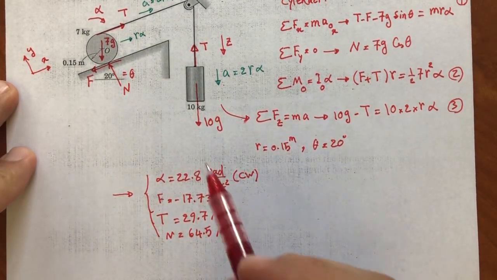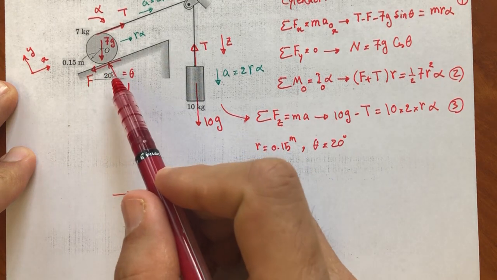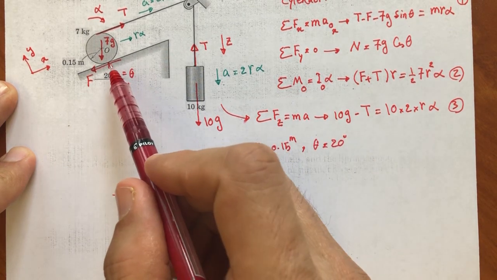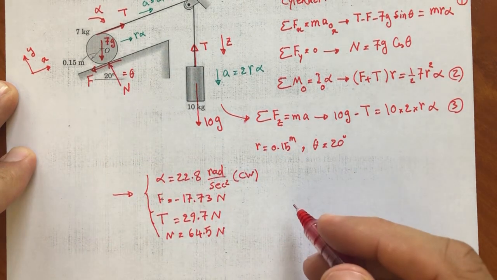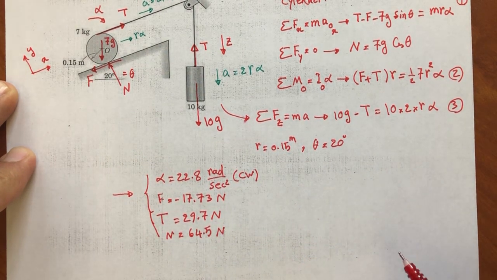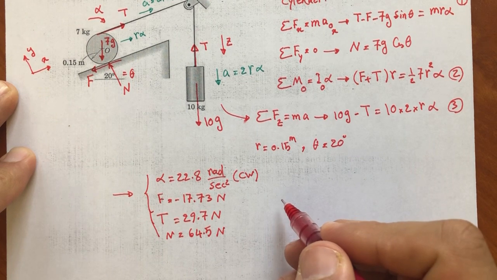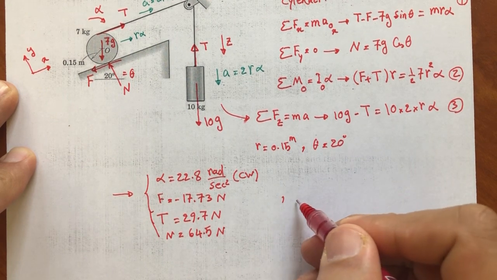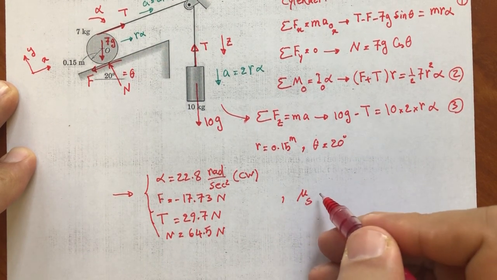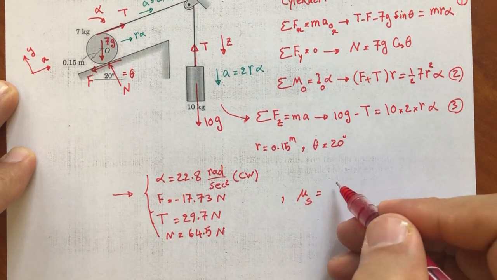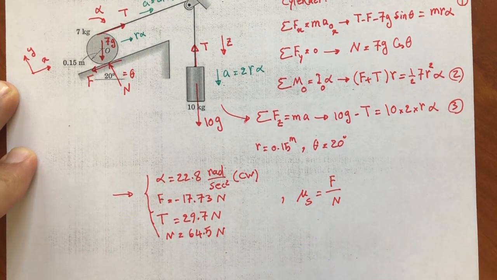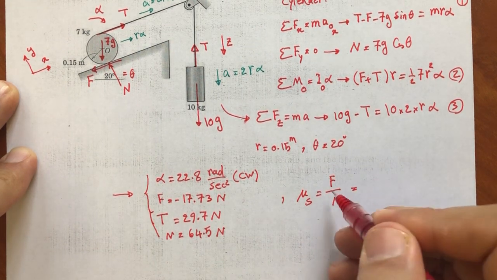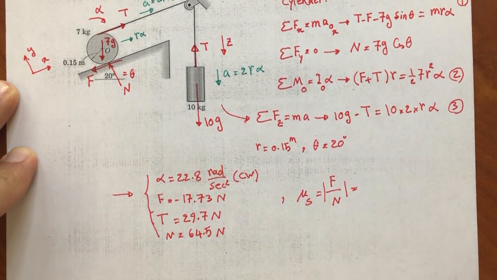And the minimum required friction coefficient means it should be about to slip, right? So that's the minimum coefficient that we need, minimum friction coefficient. In that condition, friction coefficient is going to be F divided by the normal force, actually the absolute value of them, right?